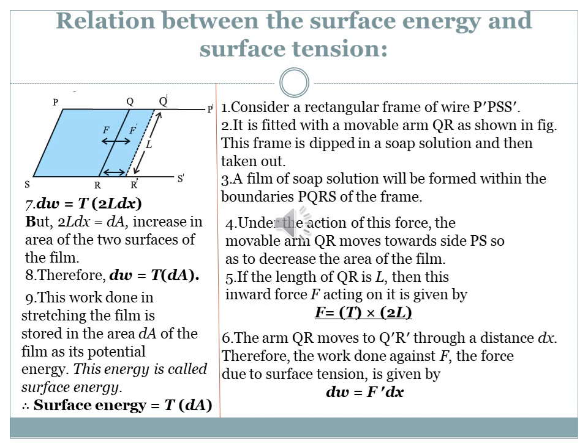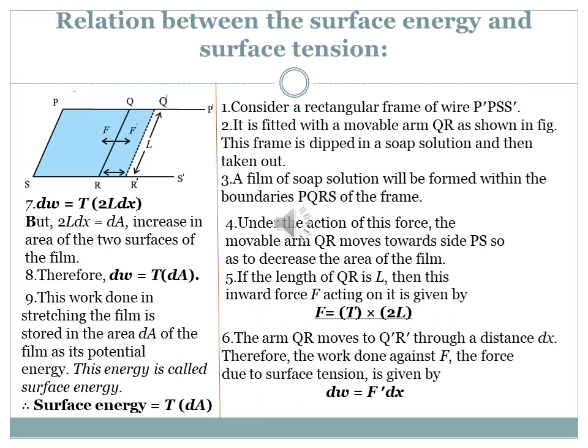That is nothing but the increase in area of the two surfaces of the film. Why is it so? Because it is a rectangular frame, so length into breadth is the area. So 2L into dx is the increase in area, which we call dA. Therefore we are getting dW as T into dA.